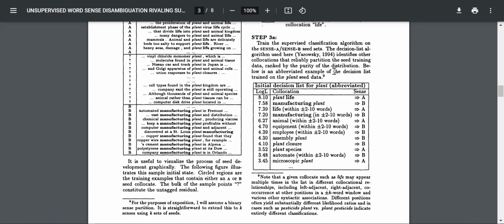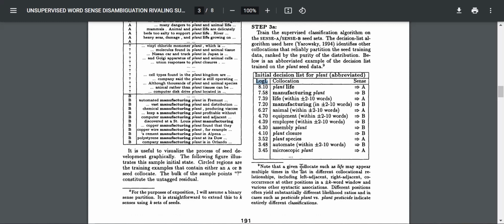So they'll look for particular phrases which are also present in these labeled samples and which are able to distinguish between the word senses. Below is an abbreviation of the decision list trained on the plant seed data. Their algorithm found that plant life is sense A, manufacturing plant is sense B. If the word life occurs within these many words, it is sense A. If the word manufacturing occurs within these many words, it is sense B. And log L is, I guess, the likelihood.